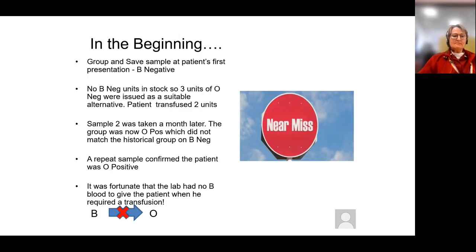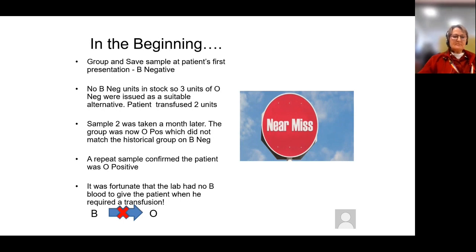Okay, so let's start at the beginning and look at this incident. The incident on this slide happened a few years ago, and it was more likely to occur then, as blood bank did not cross-match blood without having the historical group on the lab computer system to confirm that they had the correct patient and the correct patient was bled.